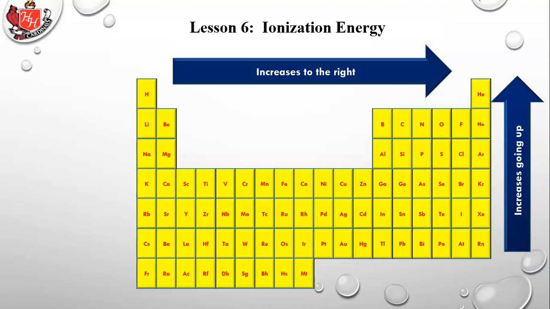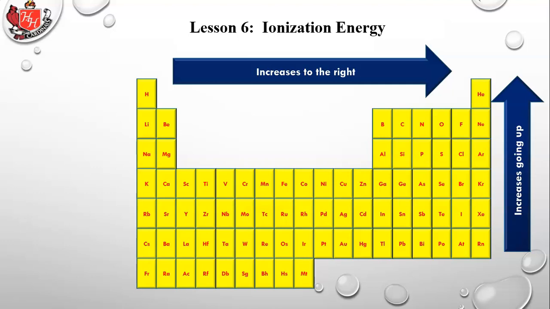So if we look at the first column in the periodic table, francium down at the very lower left has the lowest ionization energy. It's easiest to pull an electron away from it. And lithium, second in the first column, has the highest in that column. And hydrogen actually a little bit higher.